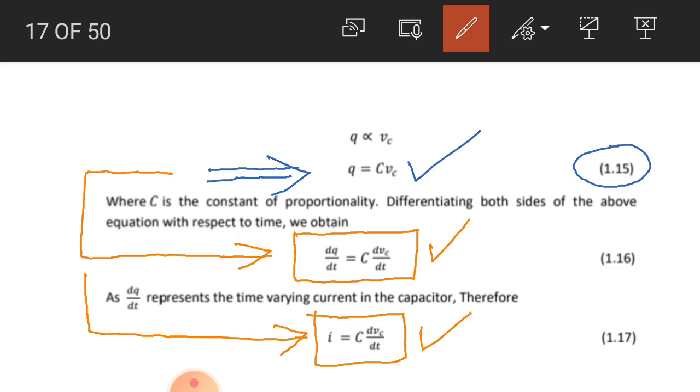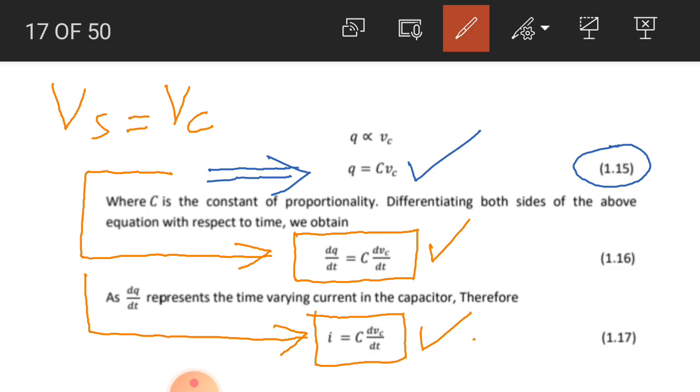You see, if we apply a DC voltage across the capacitor, according to KVL, the voltage across the source in this particular circuit will be equal to the voltage across the capacitor. So the voltage across the capacitor in case of a DC voltage source will be a constant voltage.